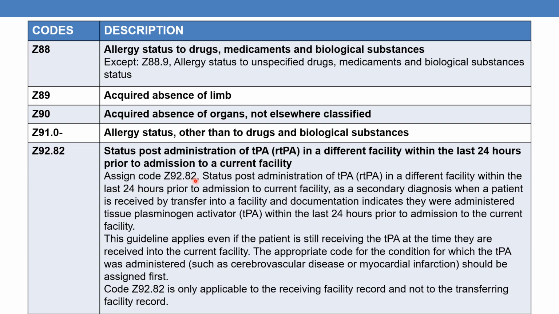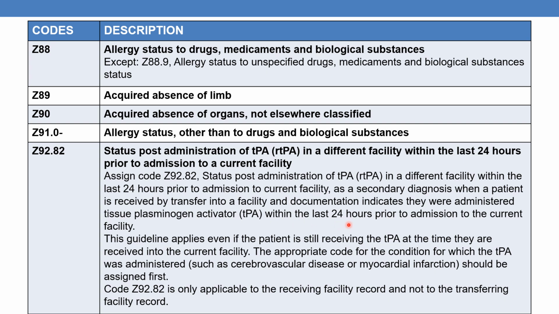Assign the code Z92.82 as the secondary diagnosis when a patient is received by transfer into facility and documentation indicates that they were administered tissue plasminogen activator within the last 24 hours.